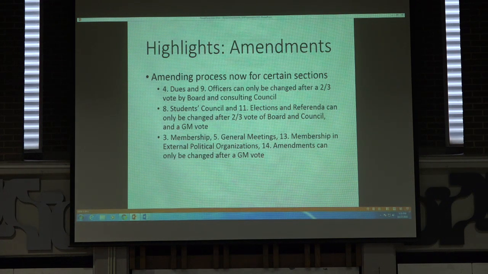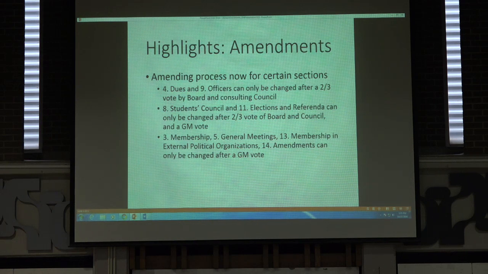It has to go through a two-thirds vote by the board and consultation with council, which is duly elected across the entire university. Also, Students' Council and elections and referenda can only be changed after a two-thirds vote of both board and council. That's a really good governance change as well. It really ensures that the board can't interfere and encroach upon council.